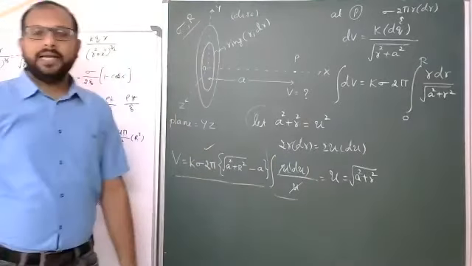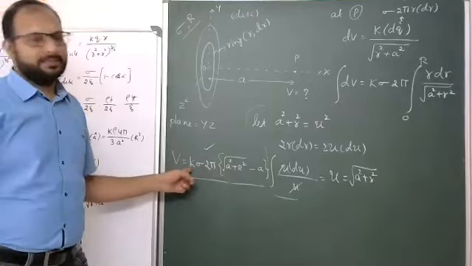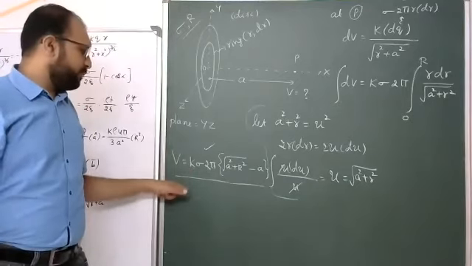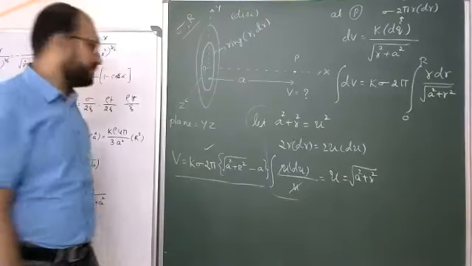All students know the K value is 1 by 4 pi epsilon. If I use that 1 by 4 pi epsilon, students, the 2 pi cancels, but still some 2 is there.